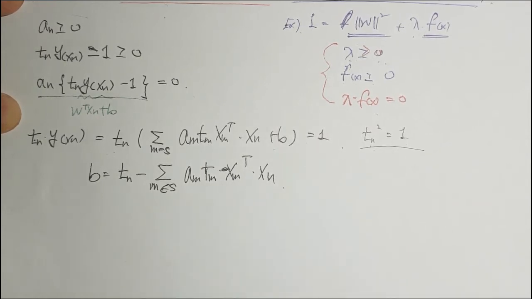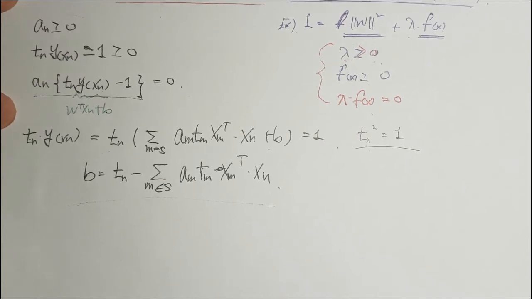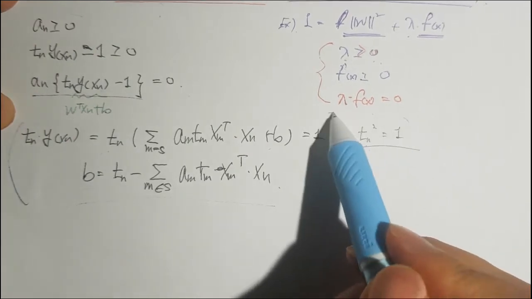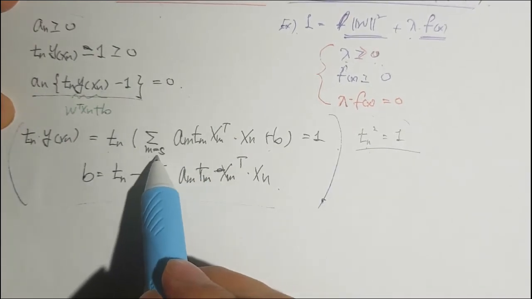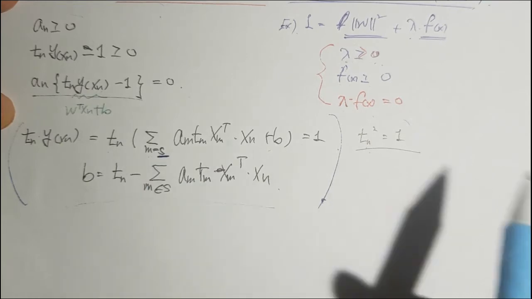But because it is unstable, we normally find the support vector by finding the mean value, the average value. So I think you guys are confused about these parts. Why am I calculating this? Because here we have this S. It is the support vector.